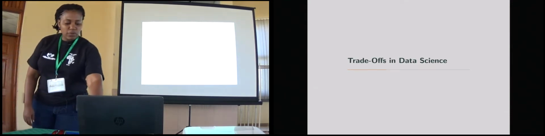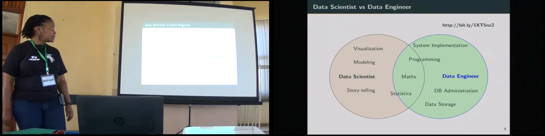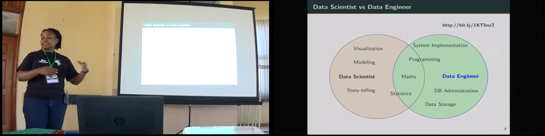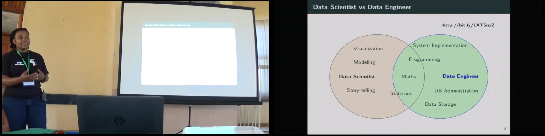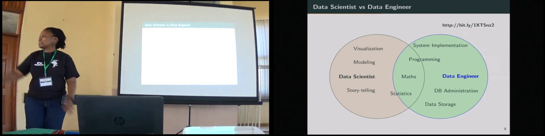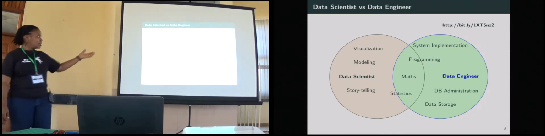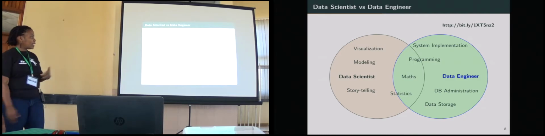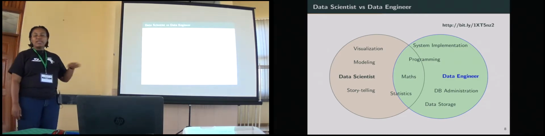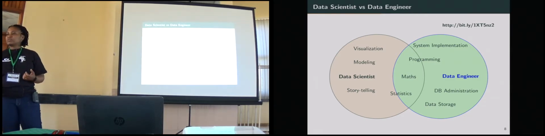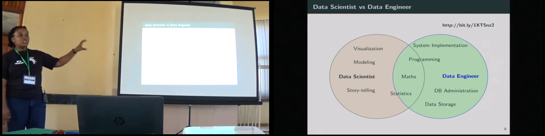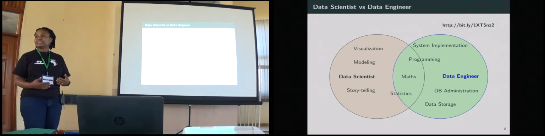There are trade-offs when it comes to data science, where we have various intersections between the data scientist and the data engineer. I'm glad we have both from ARM. They have various roles, and they do intersect when it comes to programming, math, and statistics. Normally, when discussing the various concepts of data science, the engineering part is not discussed.